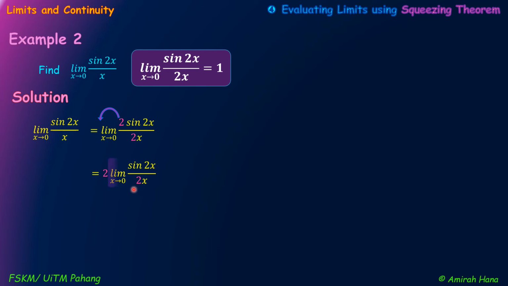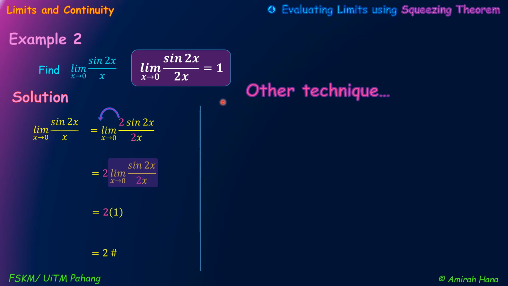From here, we have the denominator exactly equal to the argument of sine, or the angle of sine. So, we can use the squeezing theorem. So, we can write 2 times 1, where 1 comes from the squeezing theorem. And we simplify, so we get equals to 2.